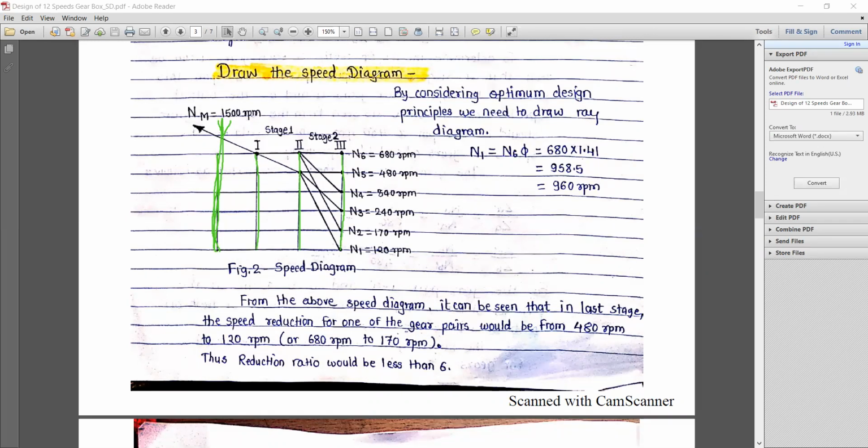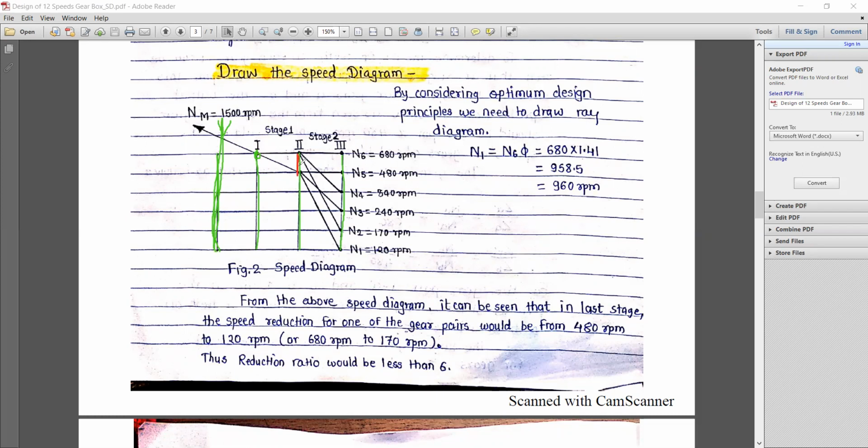Now let's start with the values. The values we have already calculated. The motor speed is equal to 120. So I have started to draw based on the same process. First of all, I have noted the first point. From the first point, the spacing is 1.